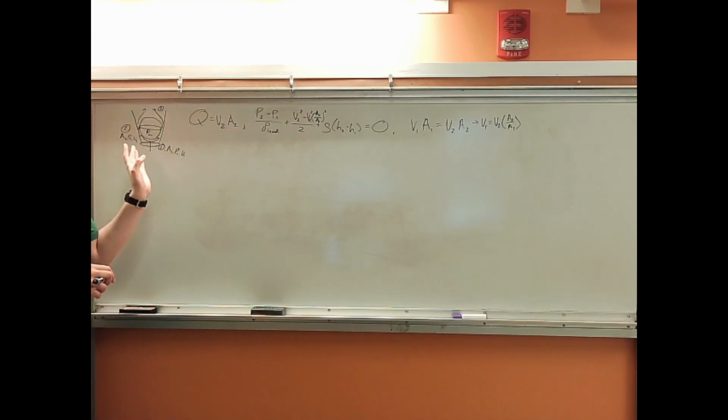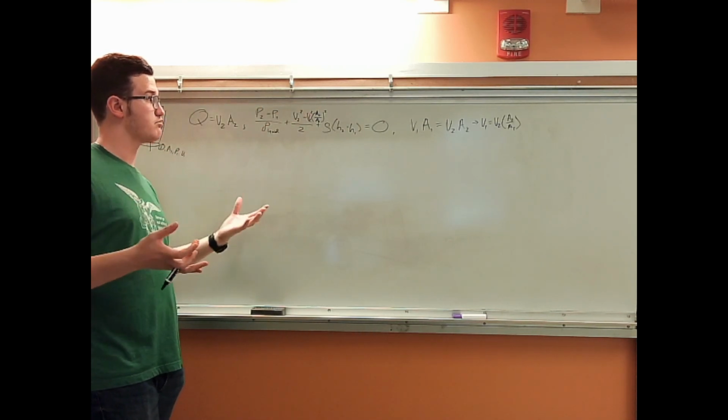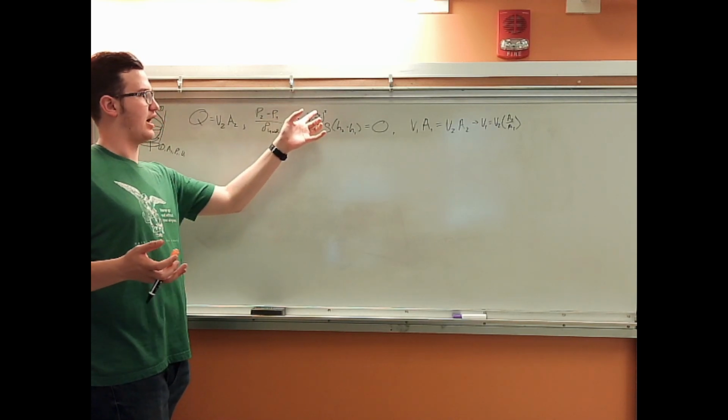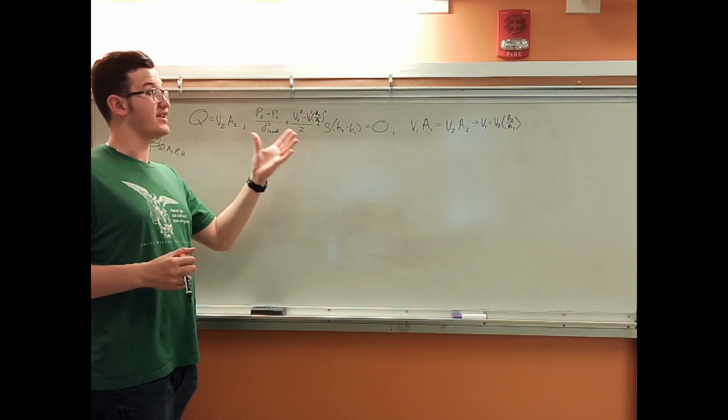Now, if you notice as you look at the drawing, this area at state 2 is very, very small in relationship to the area at state 1. As mentioned in Part 1, when you square a very, very small number, as is the quotient of A2 over A1, you get 0.